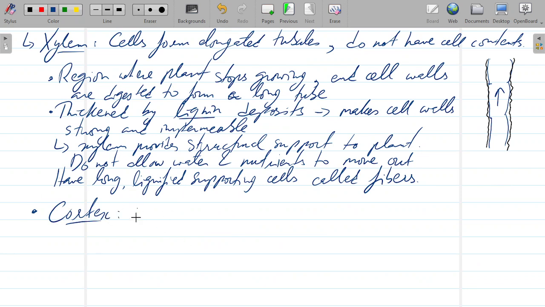So this is a tissue. When you're saying tissue, it obviously has cells. And this is between the epidermis and the vascular bundle.